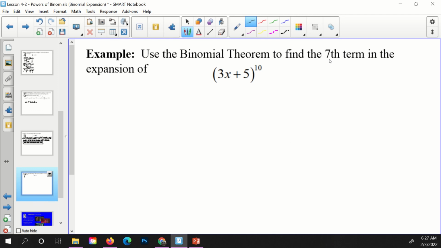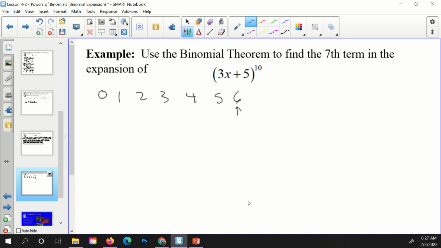So I want to find the 7th term. Now if you remember, I start counting with 0. So if I go 0, 1, 2, 3, 4, 5, 6, at 6, that's my 7th term.